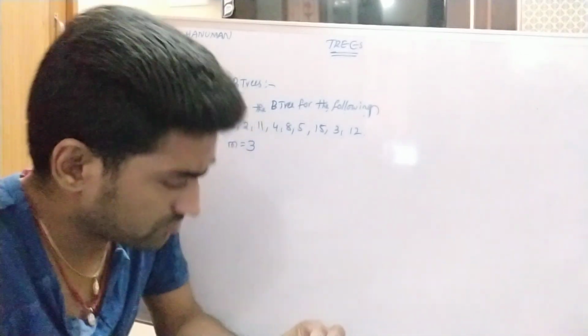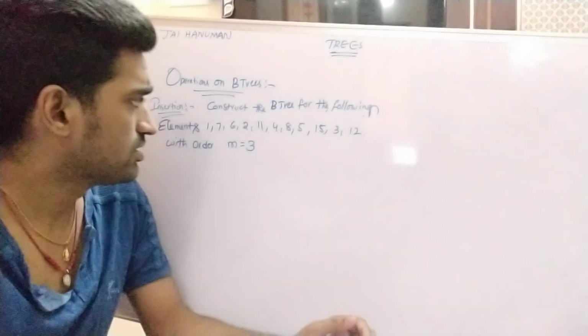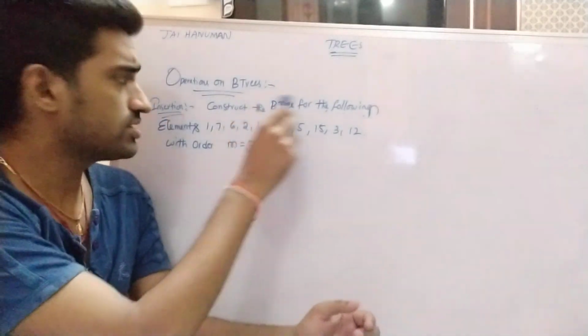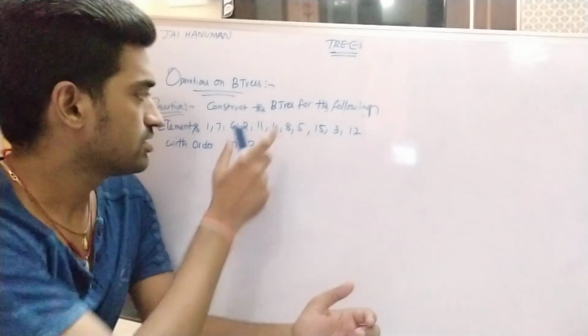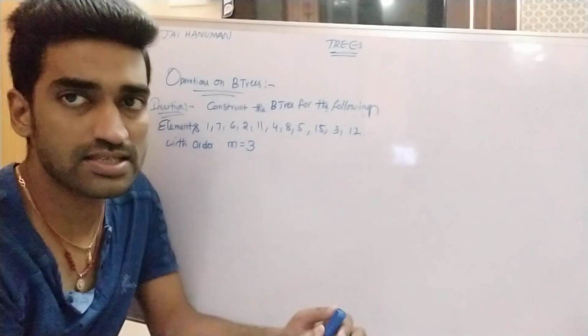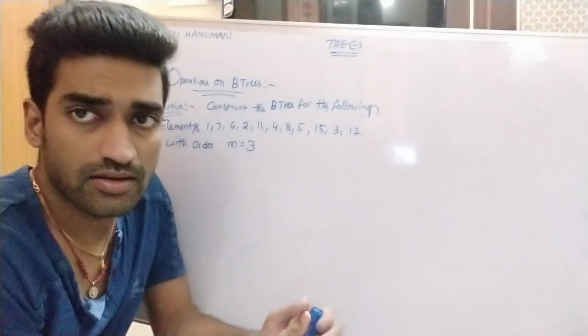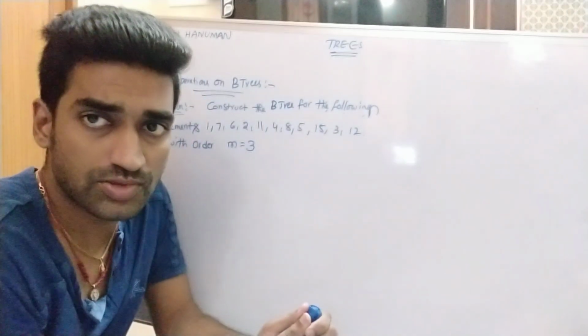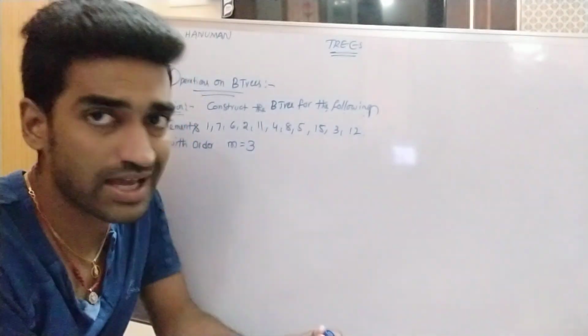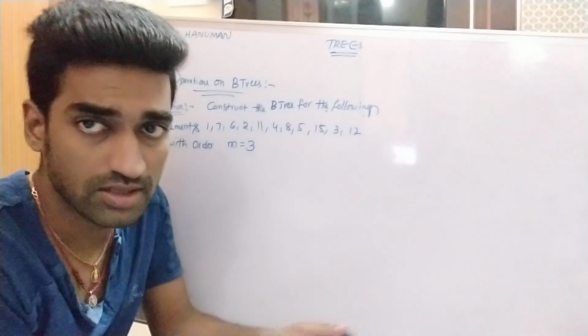So here I am taking one example. Construct the B tree for the following elements. The order is m equal to 3. Why? Because it is an m-way balanced tree, where m is nothing but the order.